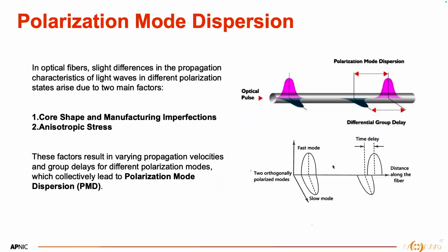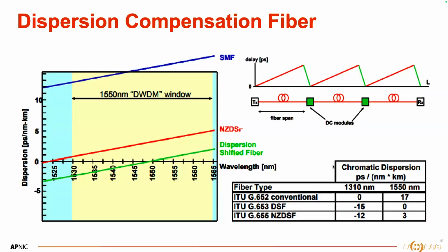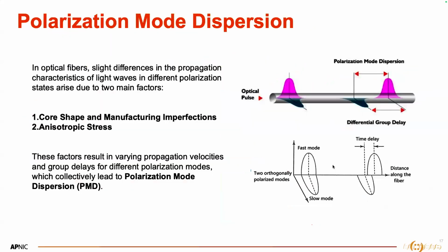Okay, so moving forward, till now we talked about chromatic dispersion and dispersion compensation fiber. Now we have polarization mode dispersion, or PMD. We have already discussed what PMD is. When light moves in such a way that the electric field and magnetic field have different velocities in their own plane and they are out of sync, in that case this PMD occurs.